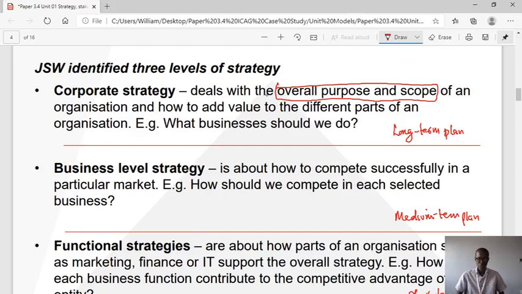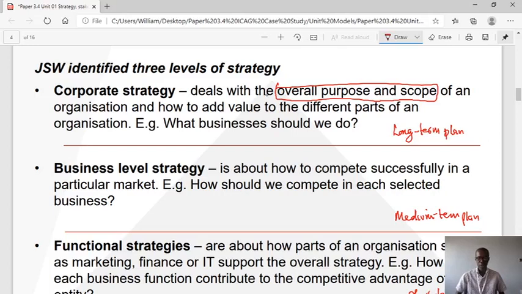So the corporate strategy is looking at the overall purpose of the organization, and then the scope, and we will mention scope in more details in a moment, of the organization, and how to add value to the different parts of the organization, like what business should we do. It's a corporate strategy.